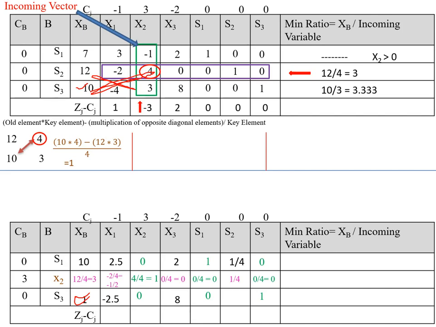So next one, here for this one x1, this is the -4. So -4 is the old element, and the key element is here, and opposite diagonal elements are the -2 and 3. Do the calculation old element into the key element, that is the 4 into -4, that is the -16, and minus of multiplication of opposite diagonal elements, that is the -2 into 3, that is the -6.